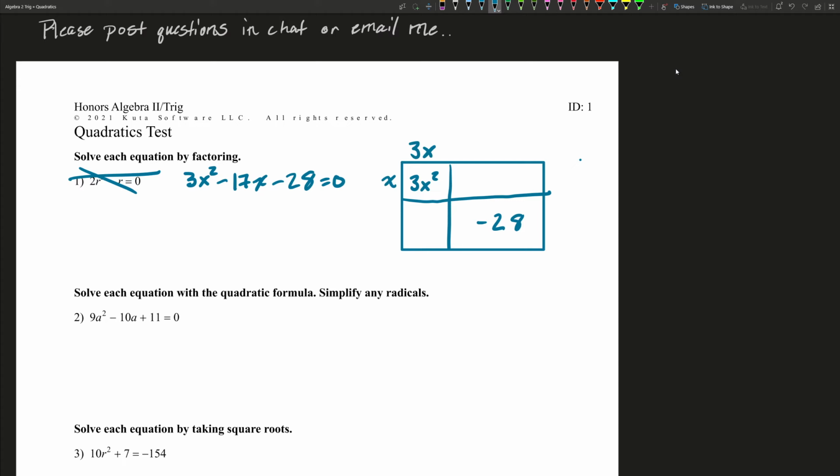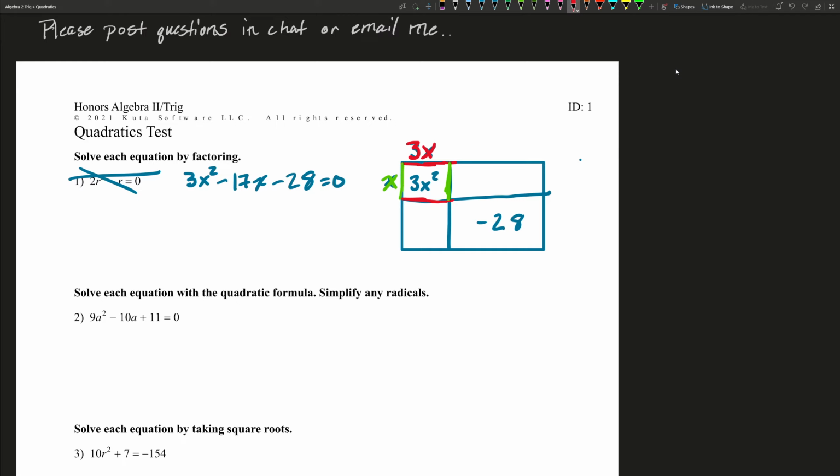So 3x is this length right here and this length right here, and x is this length and this length. We're taking areas here, so I'm making sure we understand which length is which. Those ones are easy because 3 is prime.